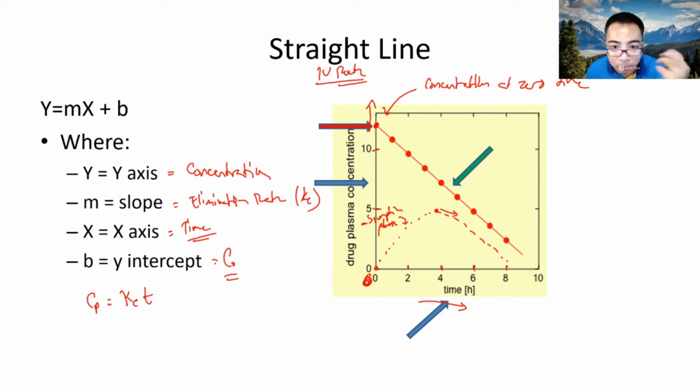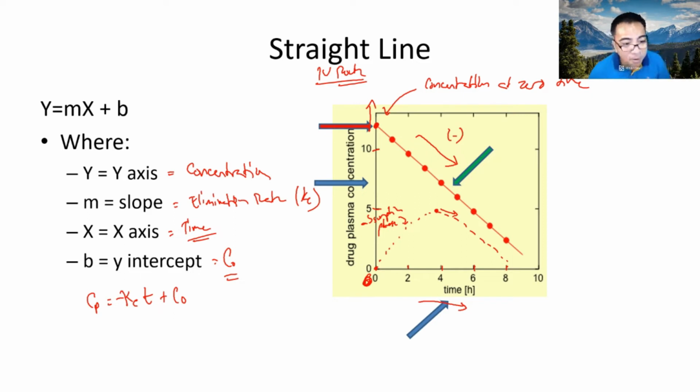Now, one thing you have to consider here, class, is yung elimination rate, yung slope, ano yung direction? Pataas, pababa. Okay, di ba class, pababa? Kasi pa-decrease yung value. So, therefore, class, it means our slope should be negative. Hence, class, I need to put a negative sign here, sa KE ko. Alright, then plus B, and our B here is the concentration at time 0.